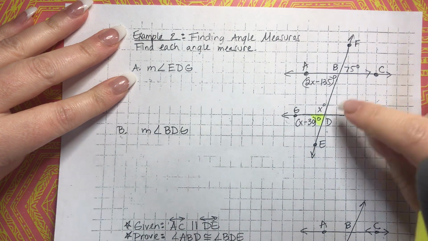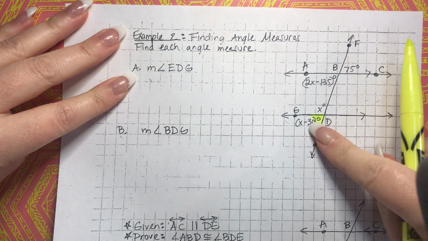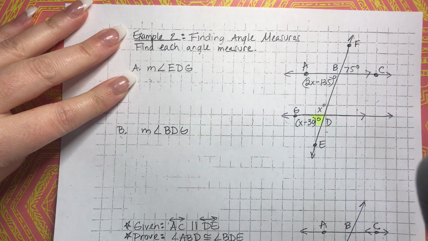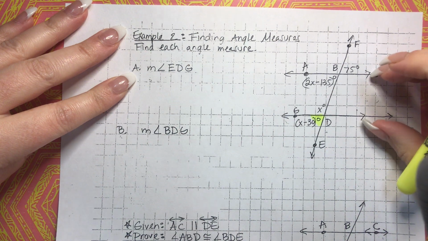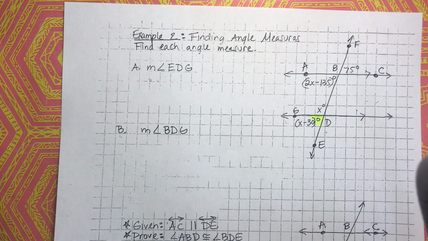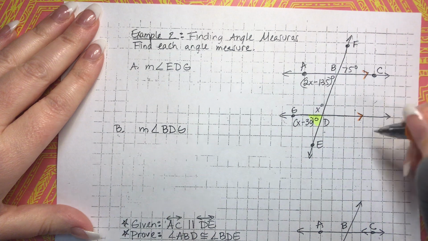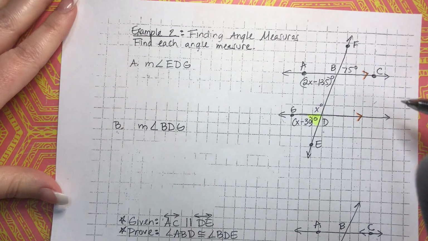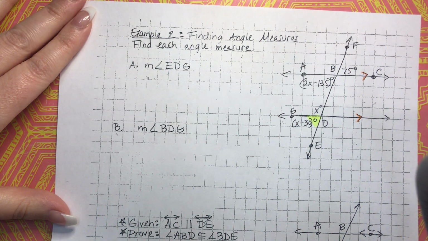Okay, so right now if we look at EDG, it's just like an algebraic expression, right? So that doesn't really tell us a whole lot. So let's look at the whole picture. What do we see? Number one, I see that we have two parallel lines, this parallel line here and this parallel line. Those parallel lines really open the door to the corresponding angles postulate and also the alternate exterior angles theorem.